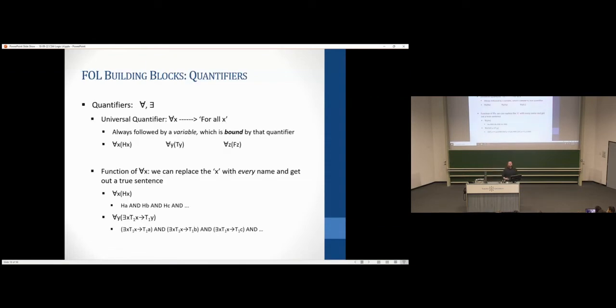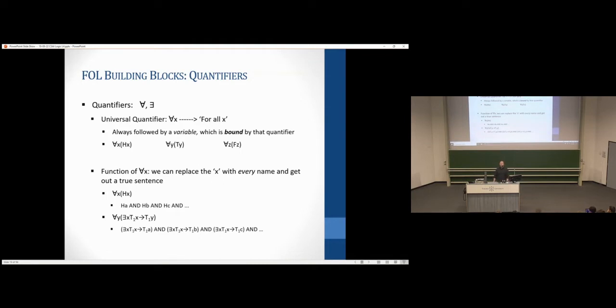So here's our first quantifier, the upside down A. The upside down A is our universal quantifier. Note that whenever you have a quantifier, it will always appear next to a variable. I'll say that again. Whenever you have a quantifier, it will always appear next to a variable. That variable is attached to the quantifier.